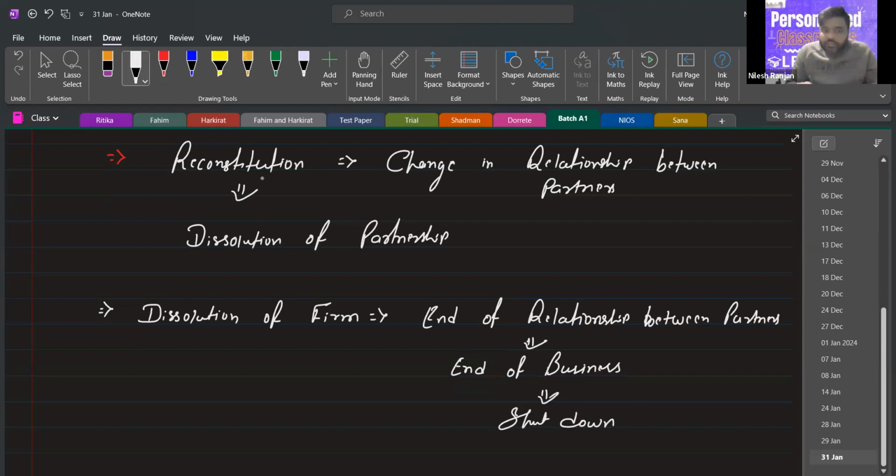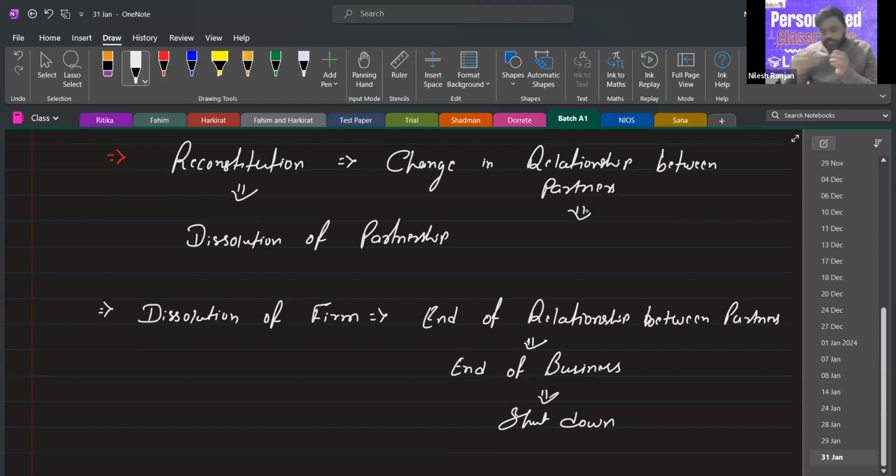But in reconstitution or dissolution of partnership, it is just a change in relationship. Means there will be some change, but the partnership business will continue. Yes? Yes, sir. So this is the difference.